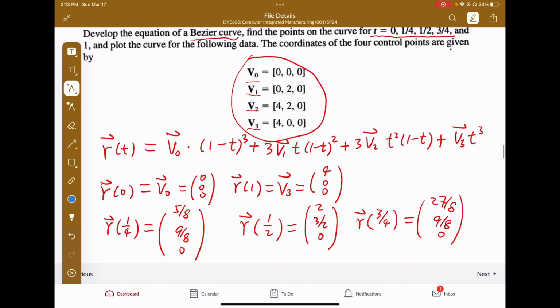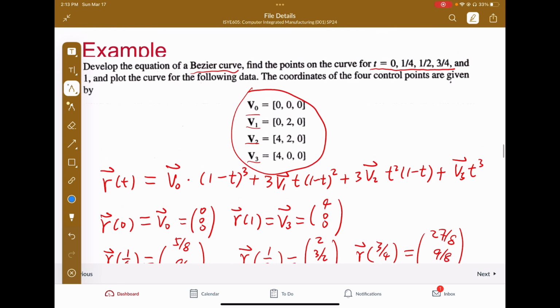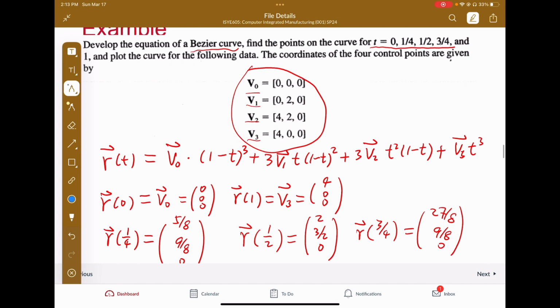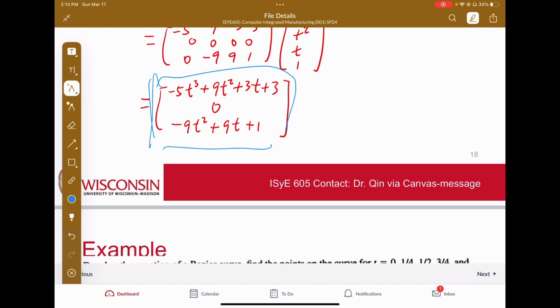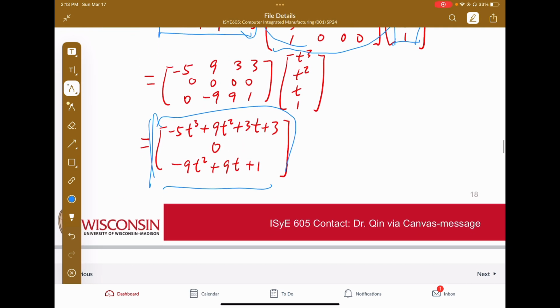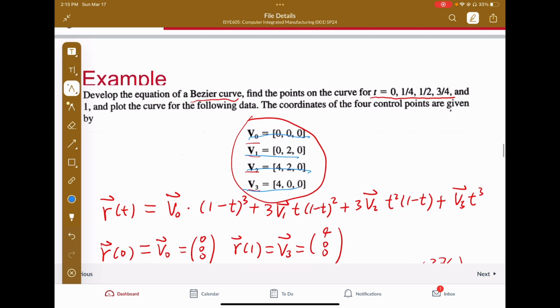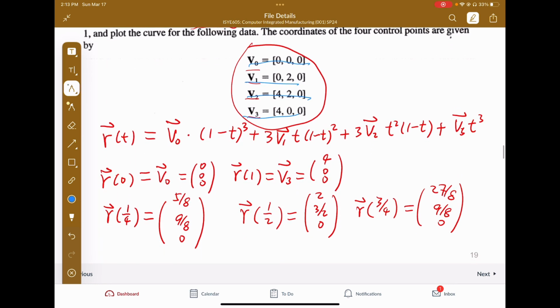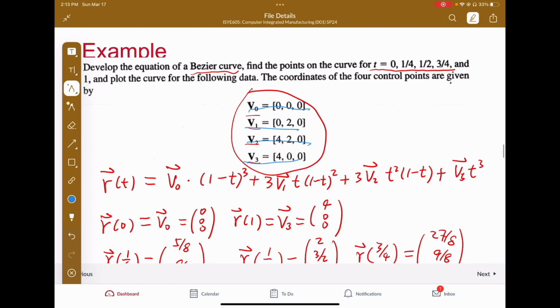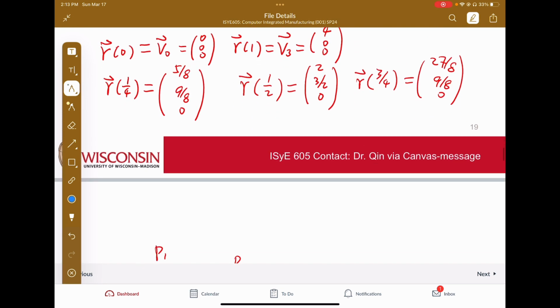So in this example we give you 4 control points, so you can get this. You can get the final expression, and after you get it, put these numbers into it 4 times, and you will get the 4 points.